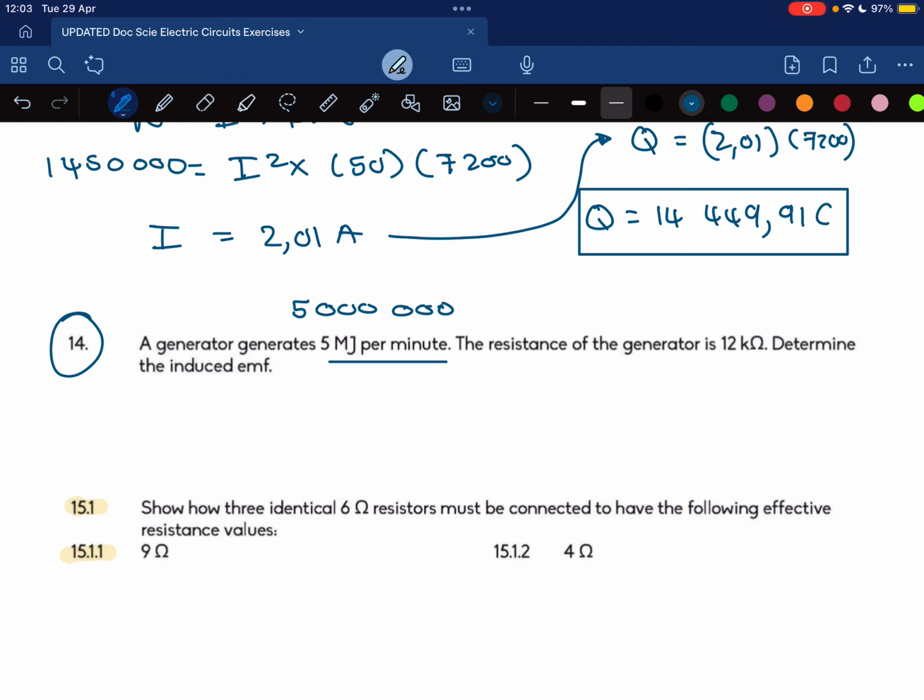So don't get confused when you see this. It's just 5 times 10 to the power of 6. That's mega. The resistance of the generator is 12 kilo ohms, so that's 12 times 10 to the 3.